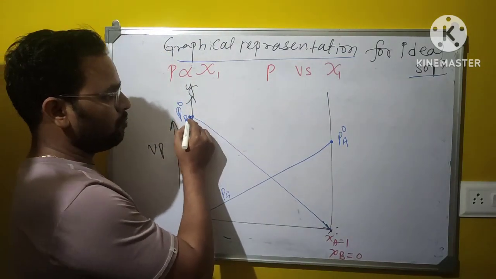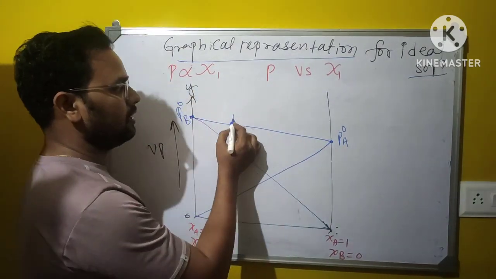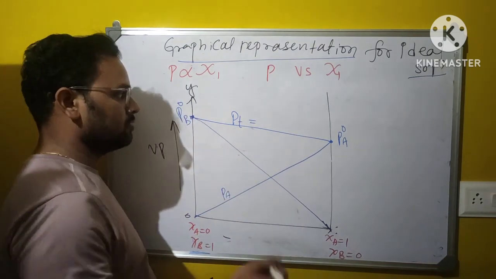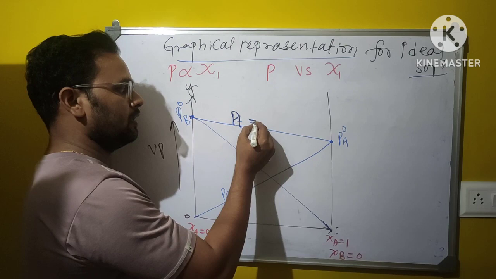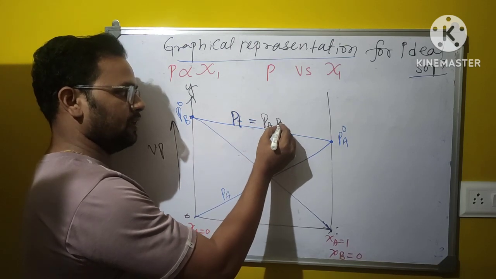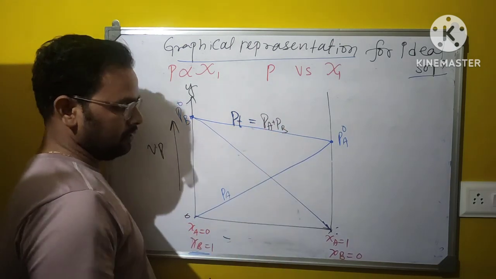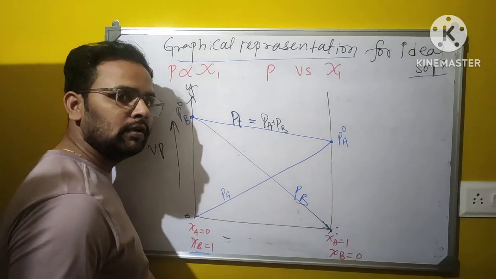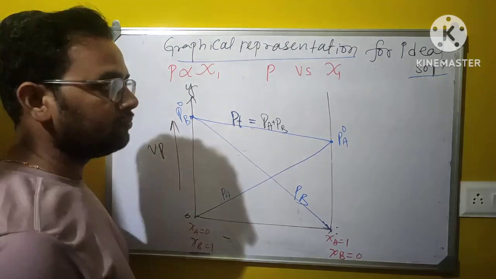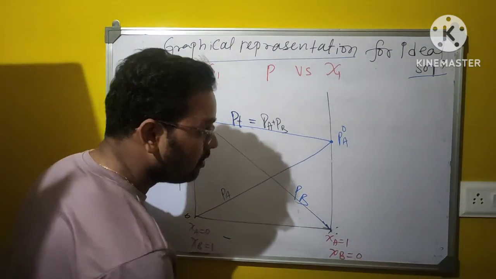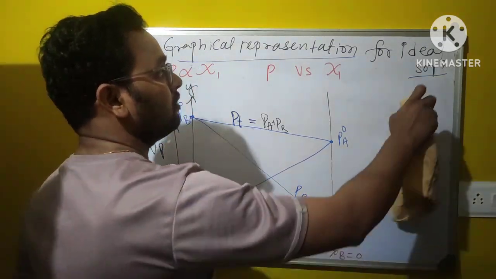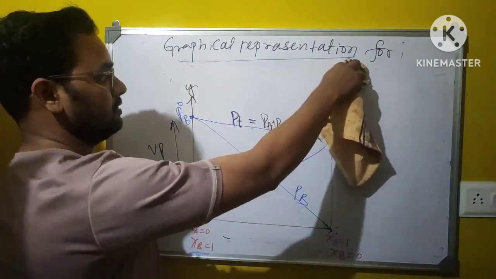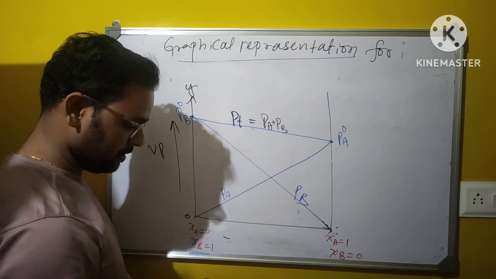Now connect these 2 points. That line will give total pressure of a solution. Total pressure is equal to sum of partial pressure of A and B. This line is partial vapor pressure of B liquid. Now how we can draw a graphical representation for non-ideal solution with positive and negative deviation. Same, I am going to take same graphical representation.